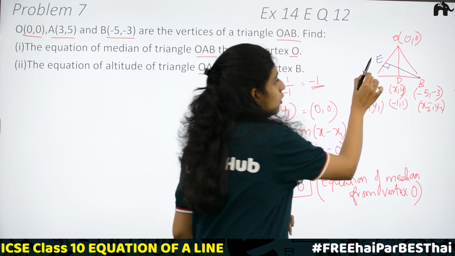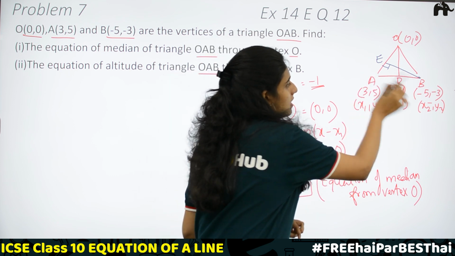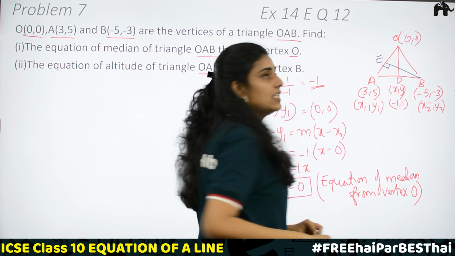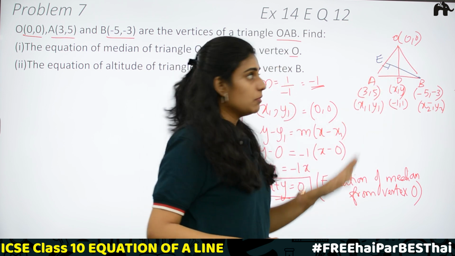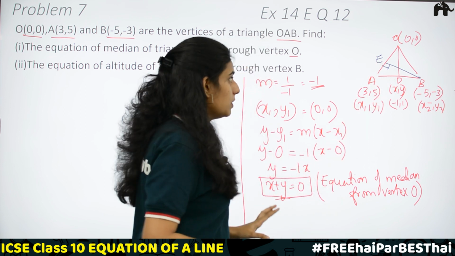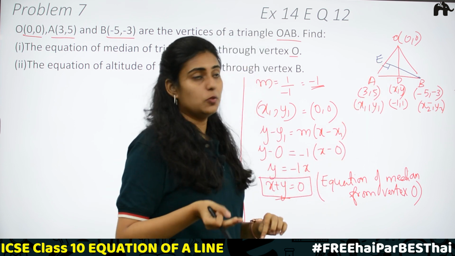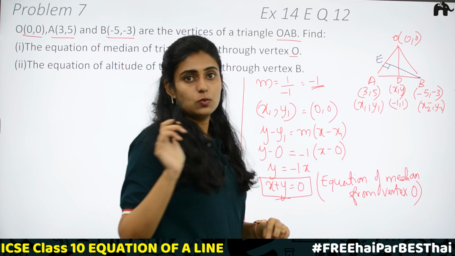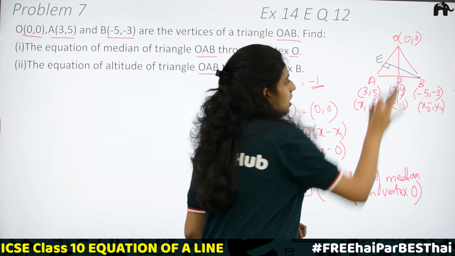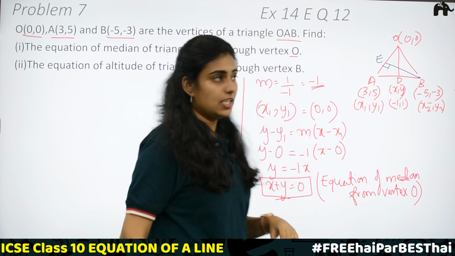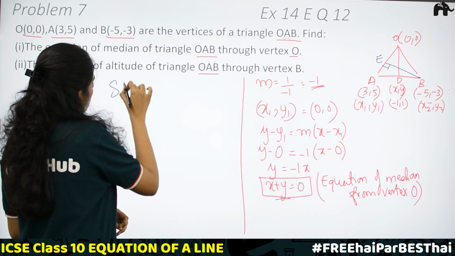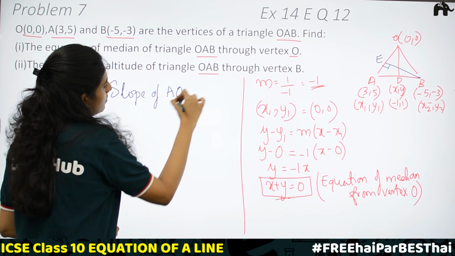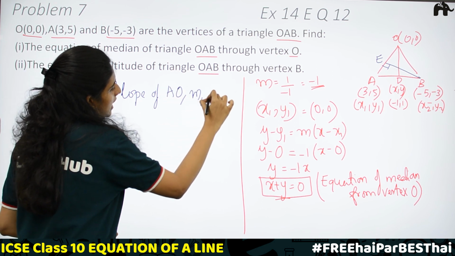If you want to find the slope of BE, if you know the slope of AO, we can easily find the slope of BE because they are perpendicular. And for perpendicular lines, M1 into M2, slope of first line into slope of second line, will always be equal to minus 1. Using this concept, we are going to find the slope of BE. First, let's find the slope of AO, which is taken as M1.